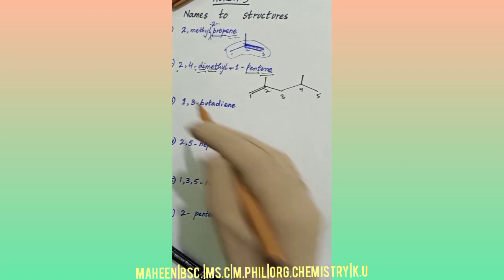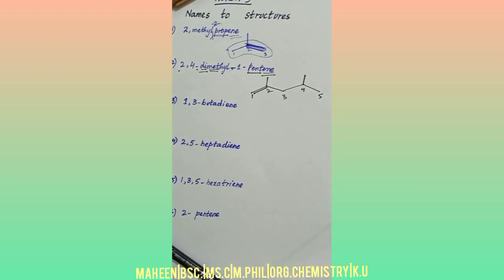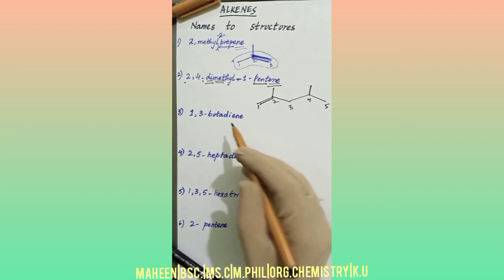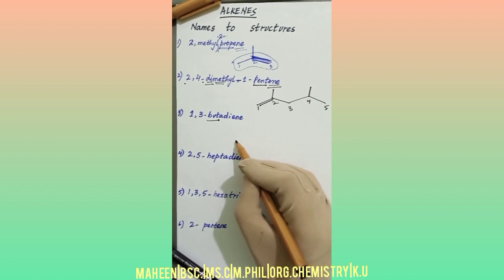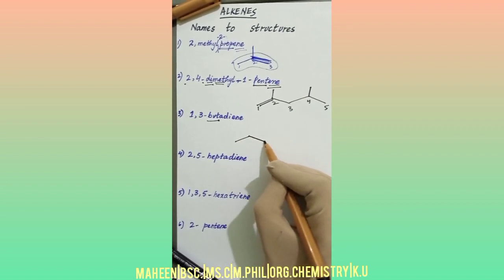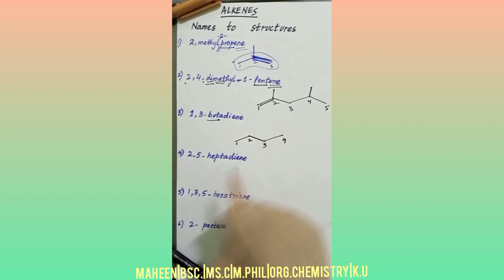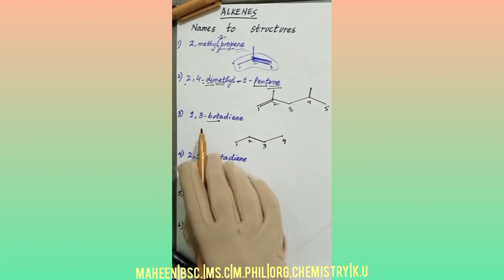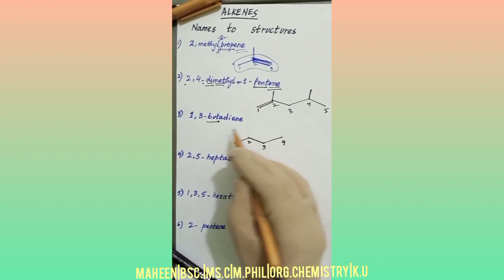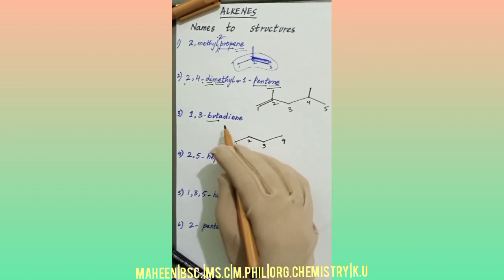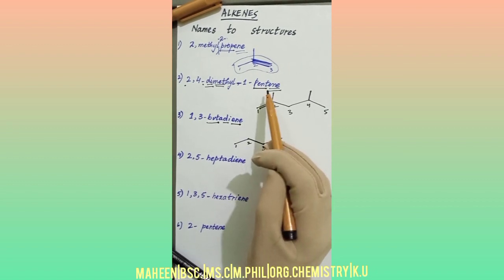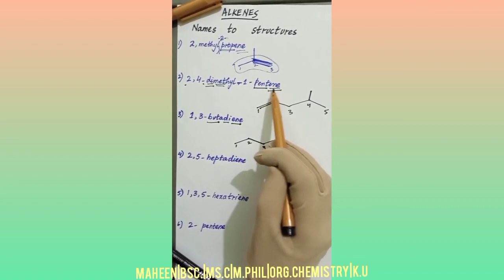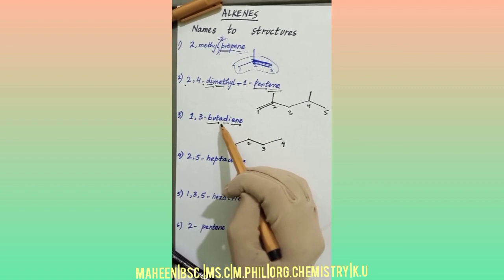Coming to the next structure, 1,3-butadiene. So first of all, we will focus over the but. It means 4 in chemistry. 1, 2, 3 and 4. Okay, I will number them first. It's the method or criteria of converting a name into a structure. Diene. In the previous examples we have seen that there is only ene written here, but here the di is also involved in it.